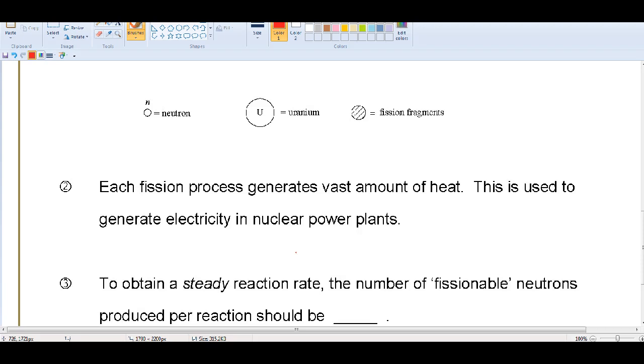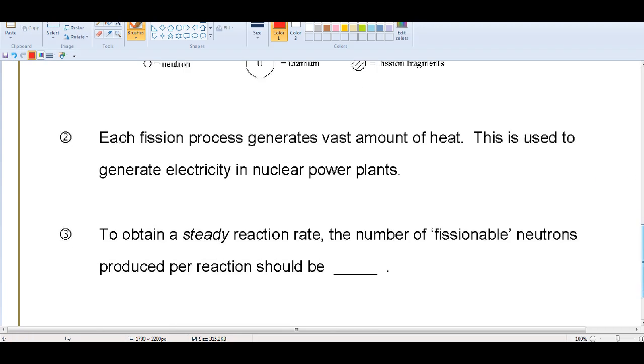Actually, once going, it will keep going for a very long time. Of course, you have to change the fuel rod of uranium from time to time, but possibly only once every year. You don't need to do it daily, right?